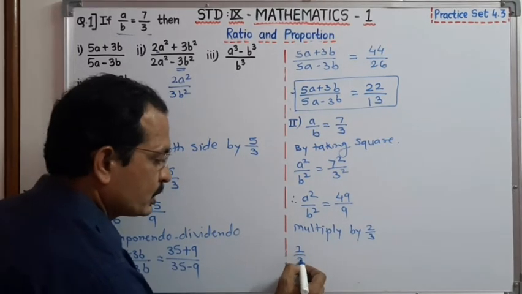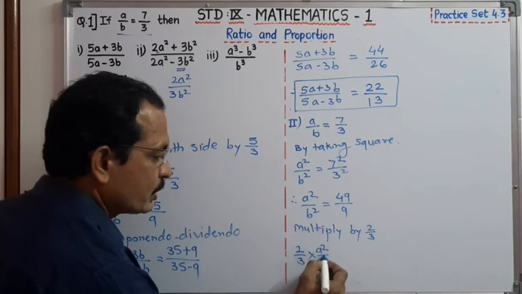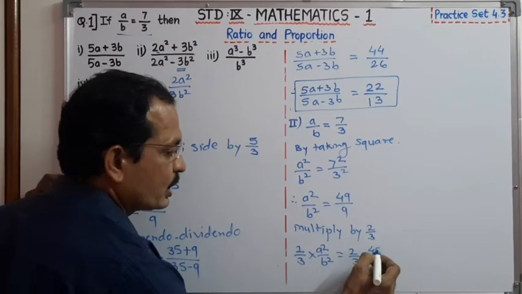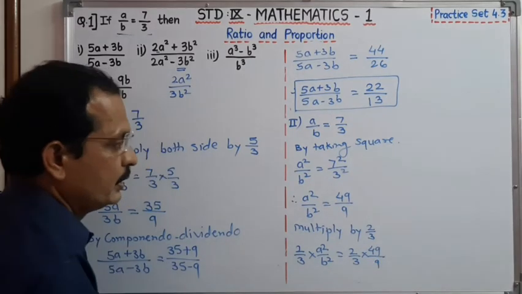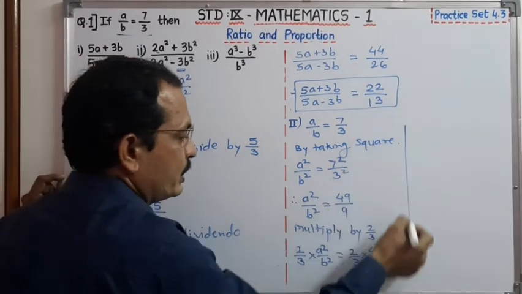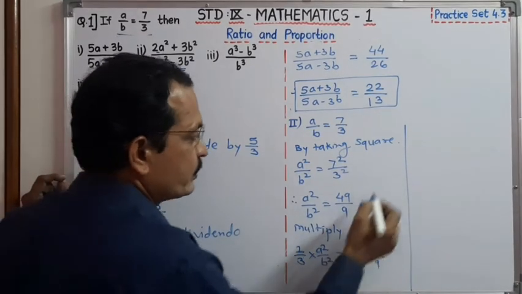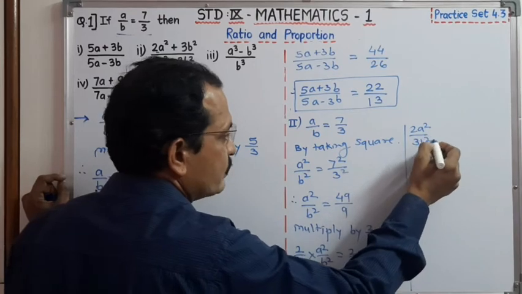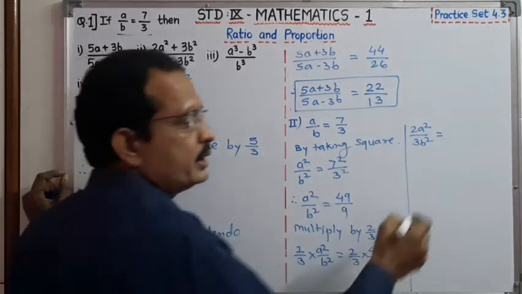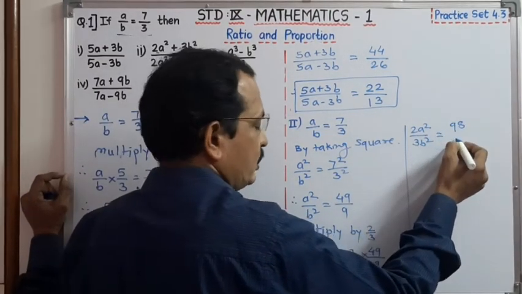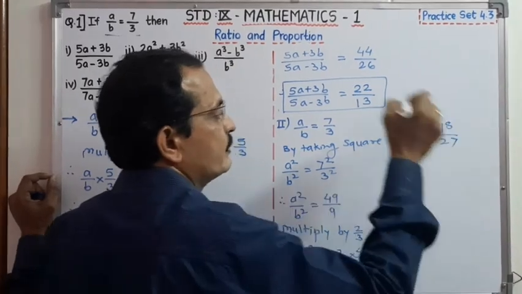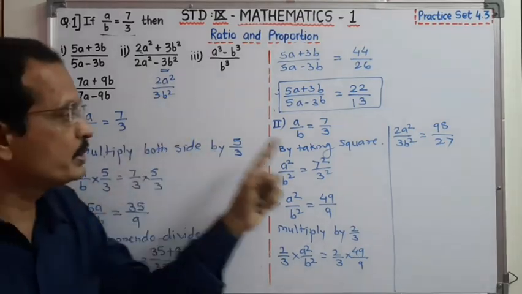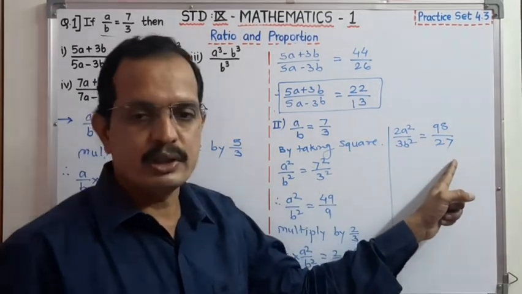Therefore, 2 upon 3 into a square upon b square is equal to 2 upon 3 into 49 upon 9. Therefore, dear student, we got here, see, 2a square upon 3b square is equal to 98 upon 27.